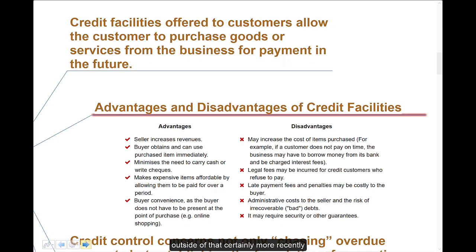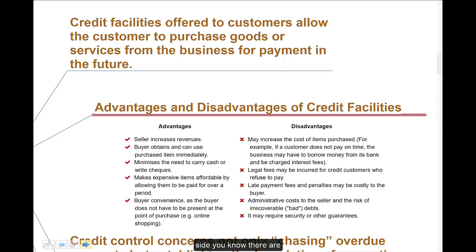Outside of that, certainly more recently, online shopping and the idea of being able to buy something without having to pay or to be present at the point of purchase makes a lot of sense for buyers. So offering credit facilities to businesses has a myriad of benefits, but it certainly may affect the flip side.